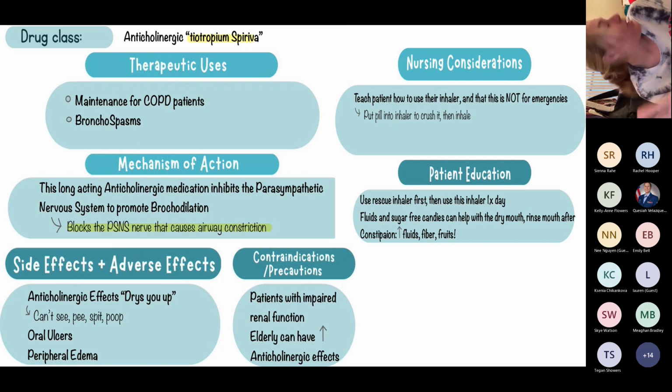Big patient education. This is not a rescue inhaler. This is what we take every day to help with symptom management on a day-to-day basis. But if you are having an emergency, this med's not going to help you. You need your SABA, your short-acting beta agonist, your albuterol.